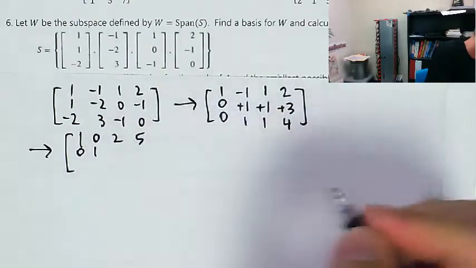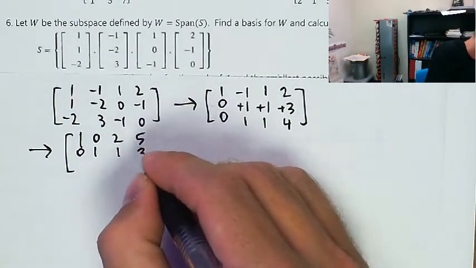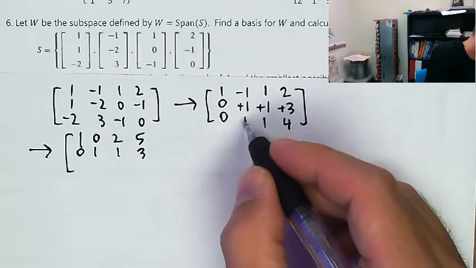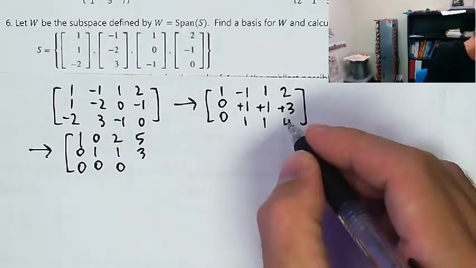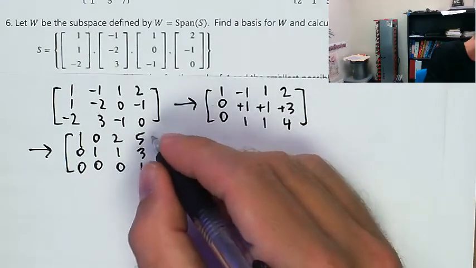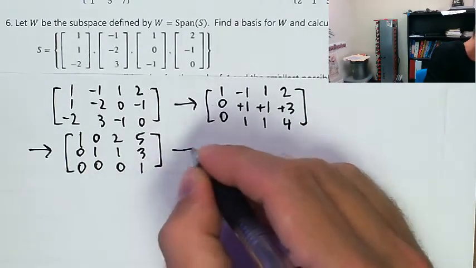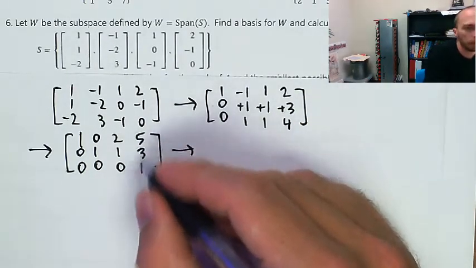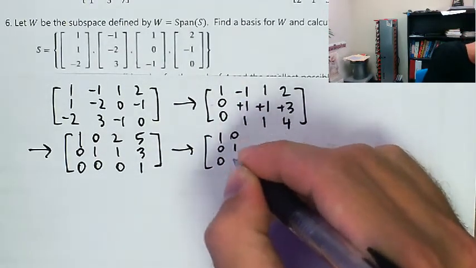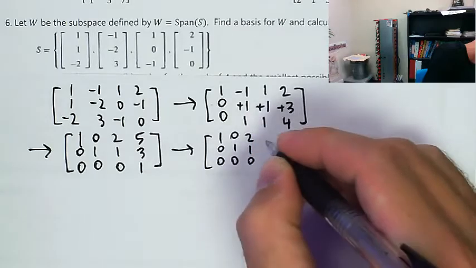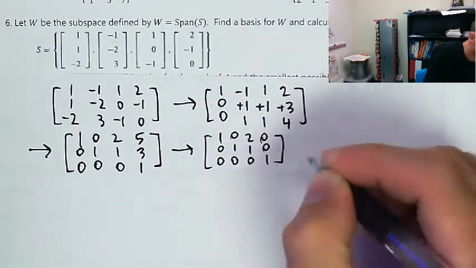Okay, 0, 1, 1, 3. And then I'm going to subtract here, so I'm going to have 0, 0, 0. 4 minus 3 is 1. Then I'm going to use this to clear out the rest of that column. So I have 1, 0, 0, 0, 1, 0, 2, 1, 0, and 0, 0, 1.